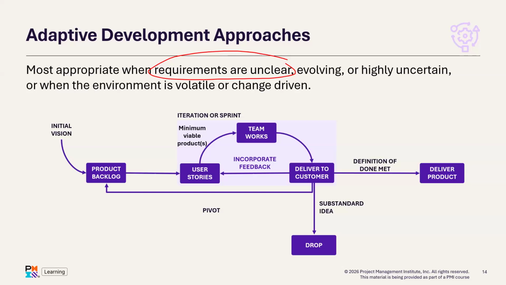So the scope is unclear. Yes, it is unclear, but we can determine it in a progressive elaboration manner or in a rolling wave manner. So the scope will evolve with time.